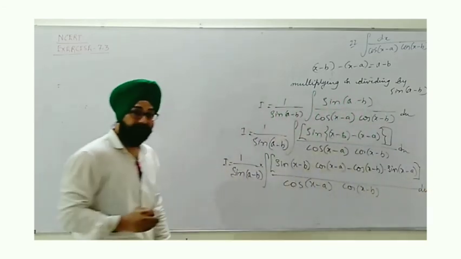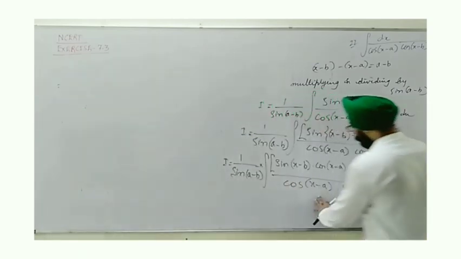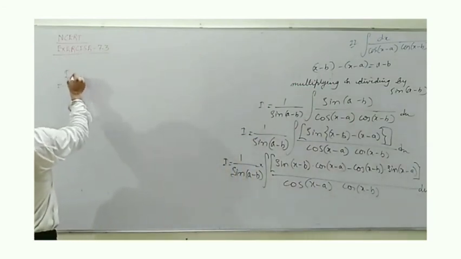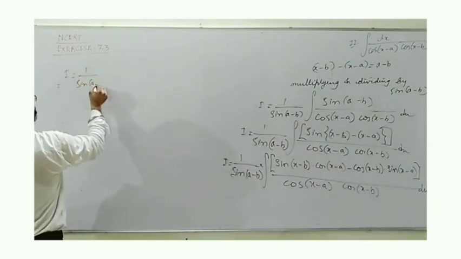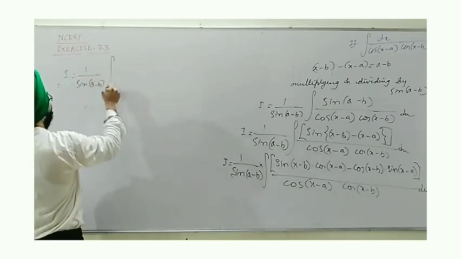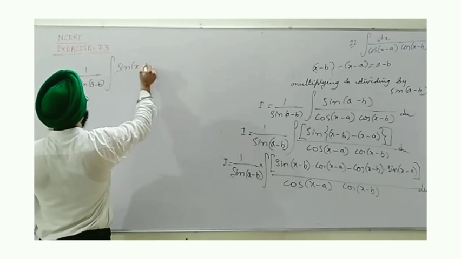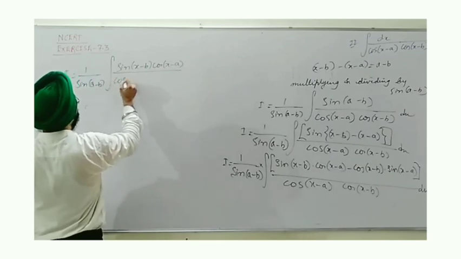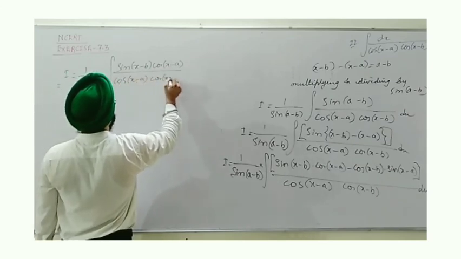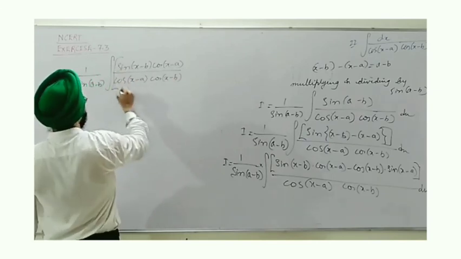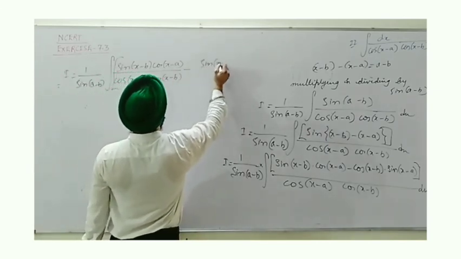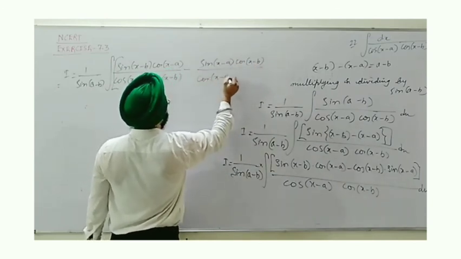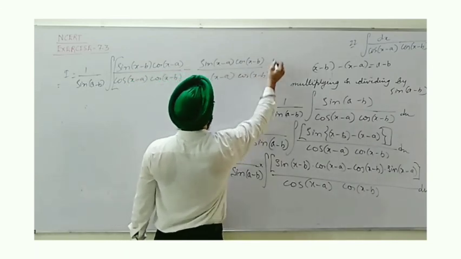Now the benefit: as the denominator is a product, that is a monomial, this can be separated into both of the terms. We will utilize this as 1 upon sine A minus B, and if I write that separately, sine of x minus B cos of x minus A upon cos of x minus A cos of x minus B, minus sine of x minus A cos of x minus B divided by cos of x minus A cos of x minus B. Now see the change.